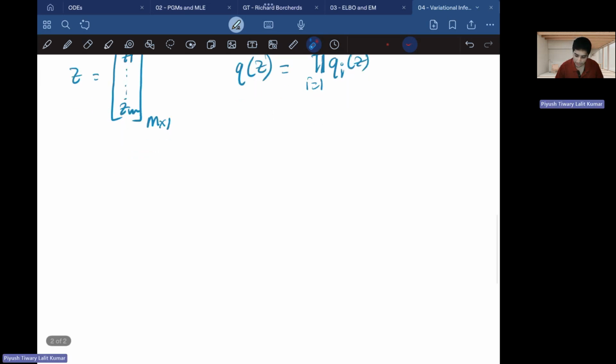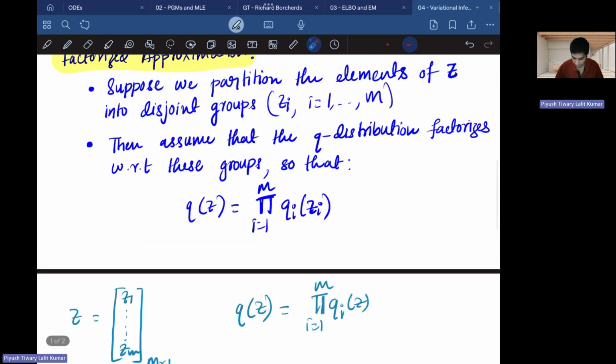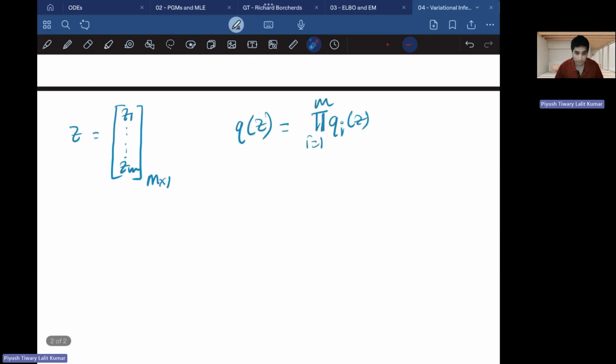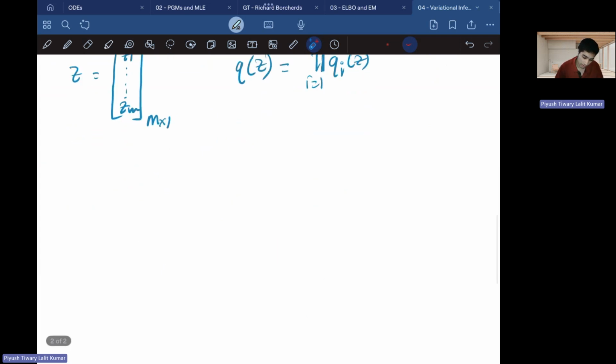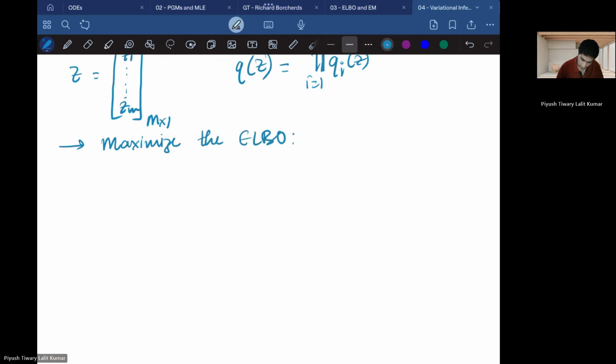So let's maximize the ELBO under this setting, okay? The way we will do this is we will do the maximization in turns, in the sense that there are these Q_i that we want to maximize.